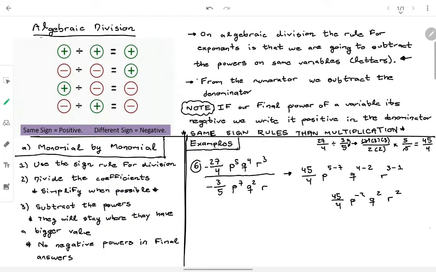So in this case, remember, we cannot have negative powers, so it's going to be 45 q squared r squared over 4p squared, and this is going to be the final answer.